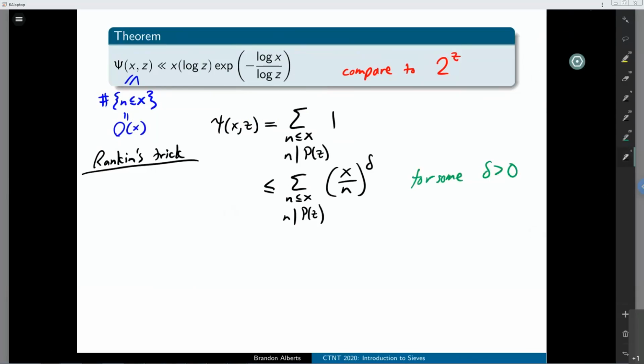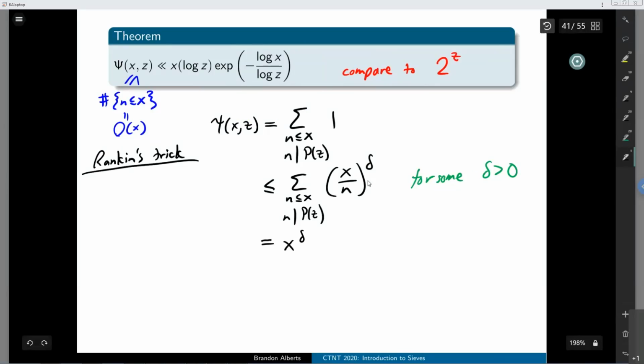This is Rankin's trick, and the reason for this sort of trick is that now when we have it written out like this, there's sort of an Euler product factorization that works out quite a bit nicer. Having larger values for delta here gives us products over primes that are easier to evaluate.